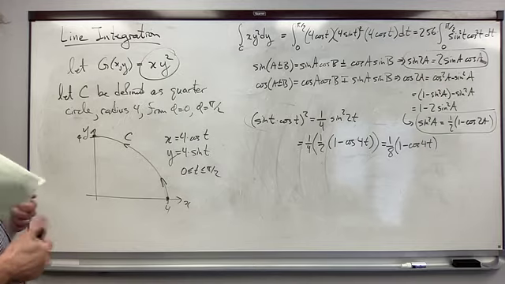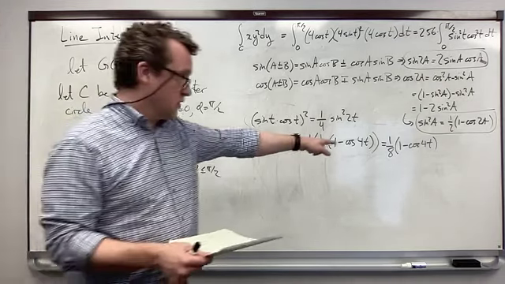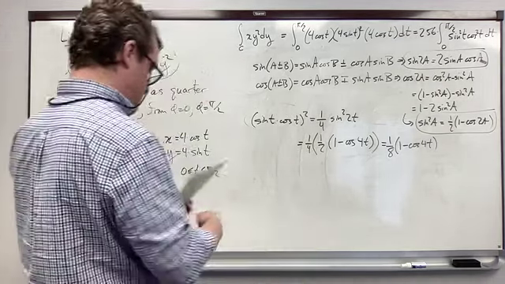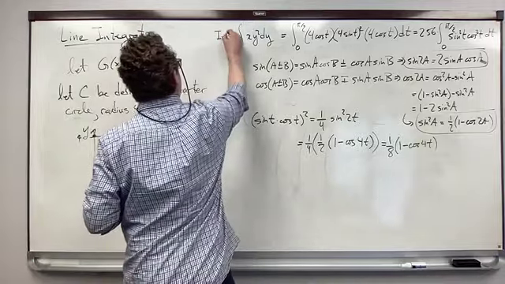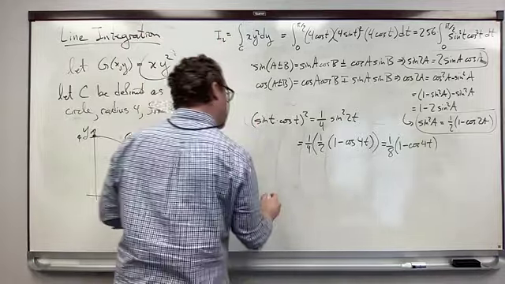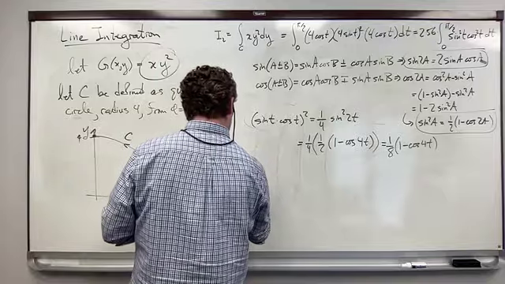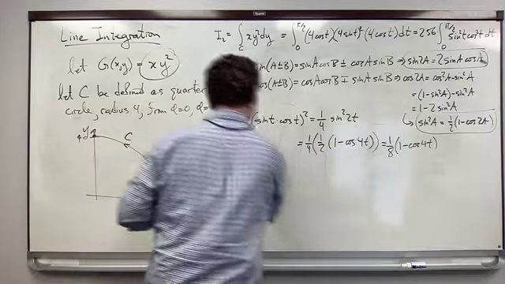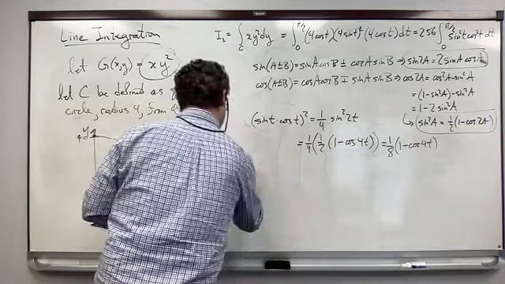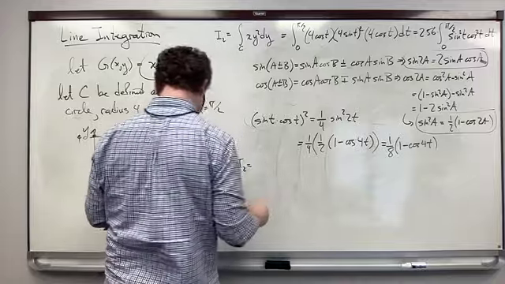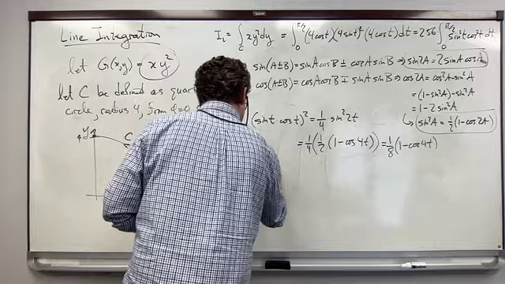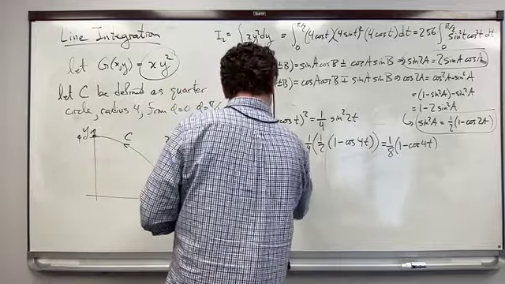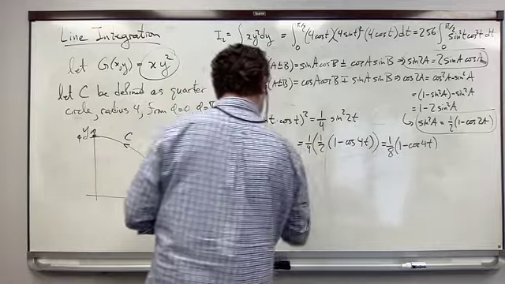1/8, 1 minus cos 4t. So we can simplify that, and now we can integrate that thing. So our integral up here, I2, so our I2, I'll just write I2. So I2 would equal 256 divided by 8, and then pi over 2, 0.